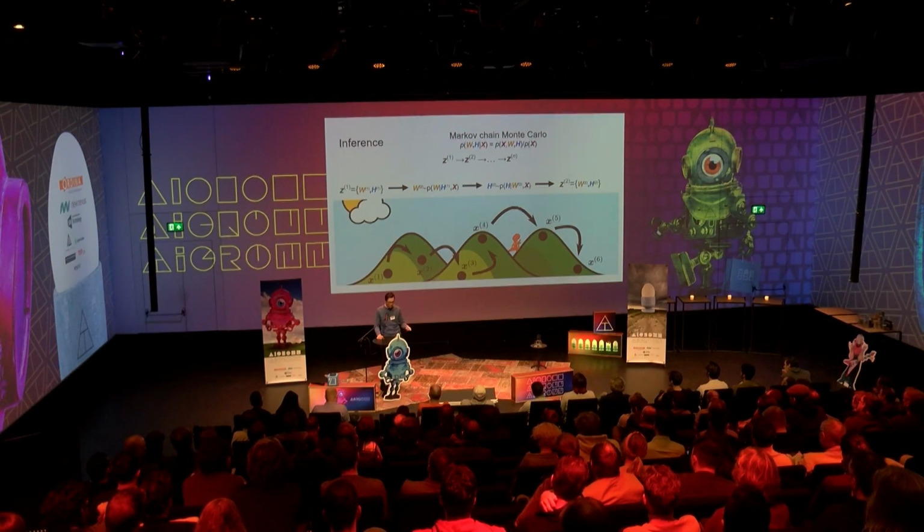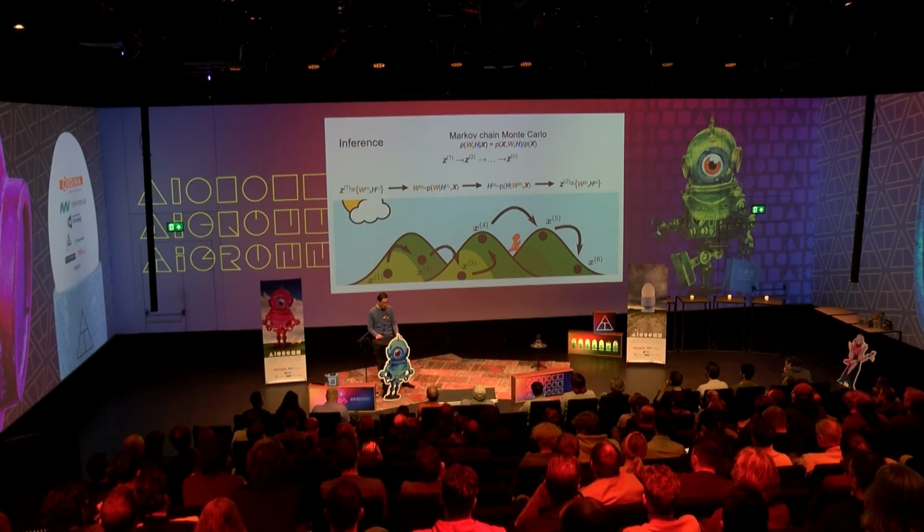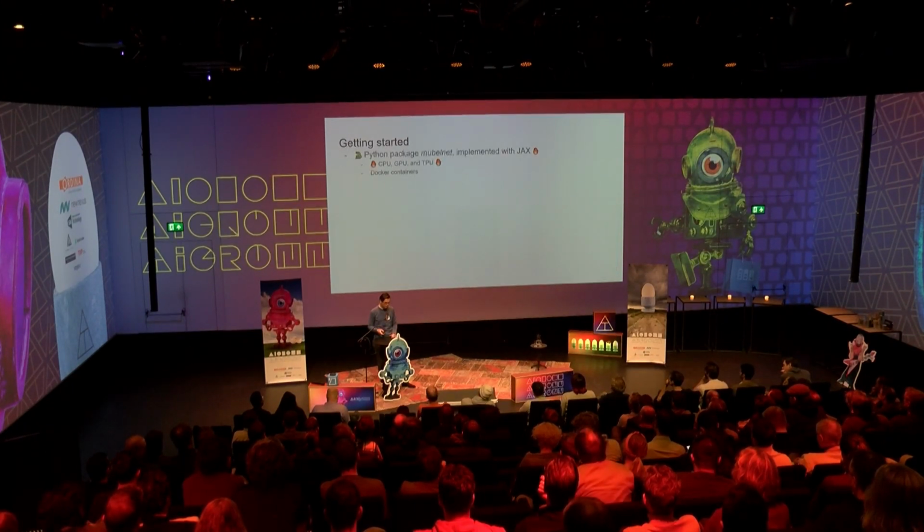This is just one step, and then you do it many times to obtain samples, and if you continue the chain long enough, you will end up with the distribution of your posterior.